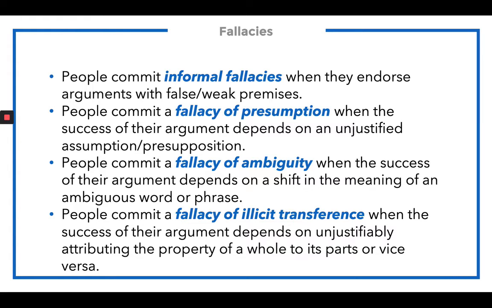So a fallacy of illicit transference says something like, because this whole object here is sitting on the table, therefore all of its atoms are sitting on the table, something along those lines.